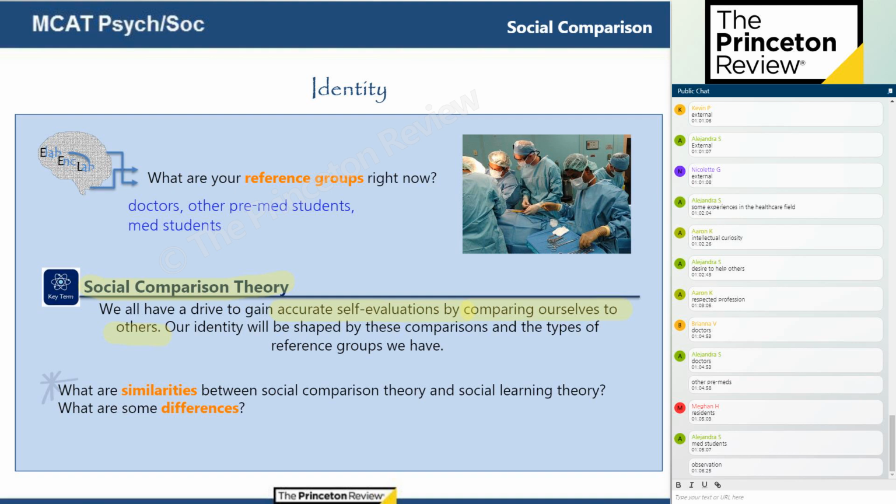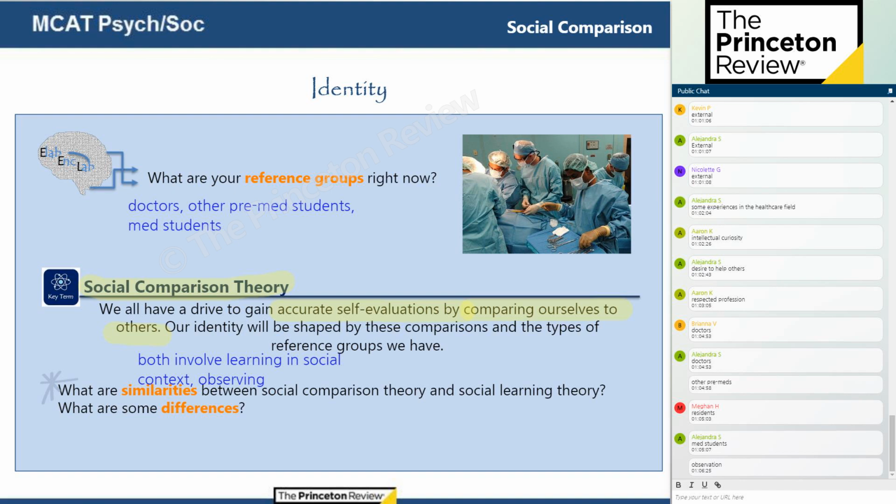Right. Okay, yeah, we've got with both, there's a social context observation going on, right?